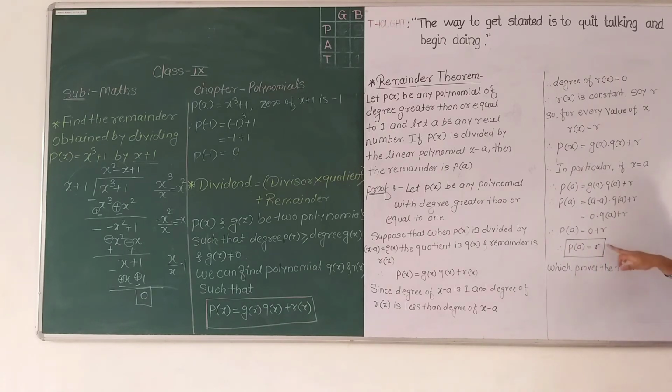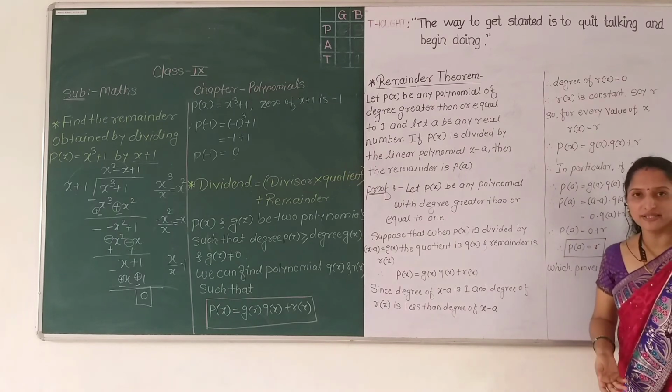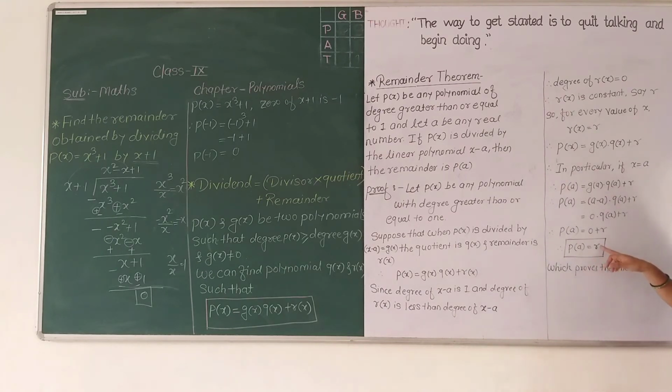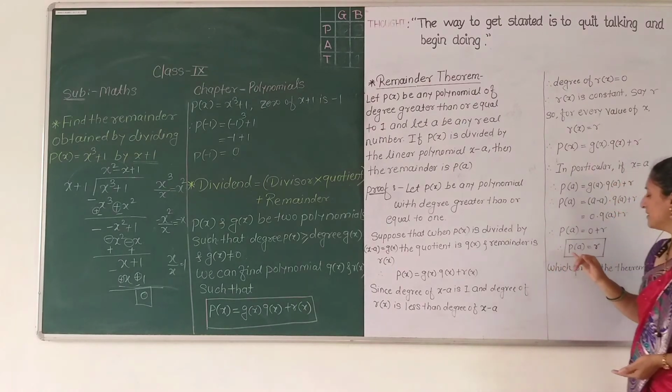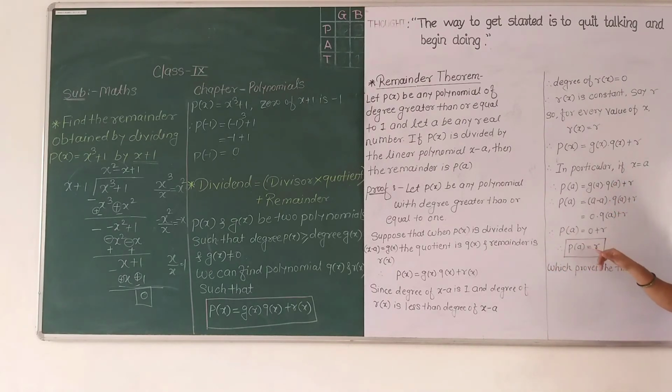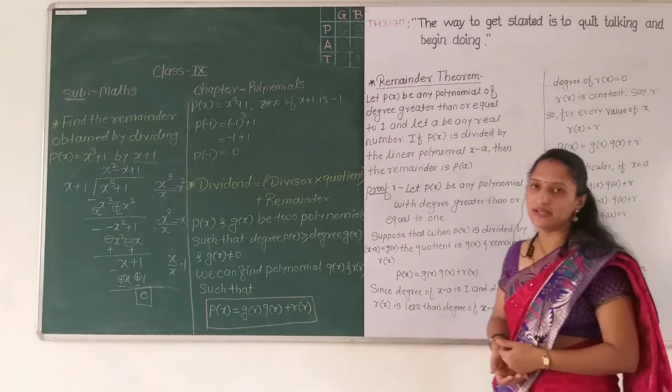That means when we substitute the zero of the divisor in the polynomial, we get the remainder, since r is the remainder. So by actual division and after substituting the zero of the divisor, we get the same remainder here.